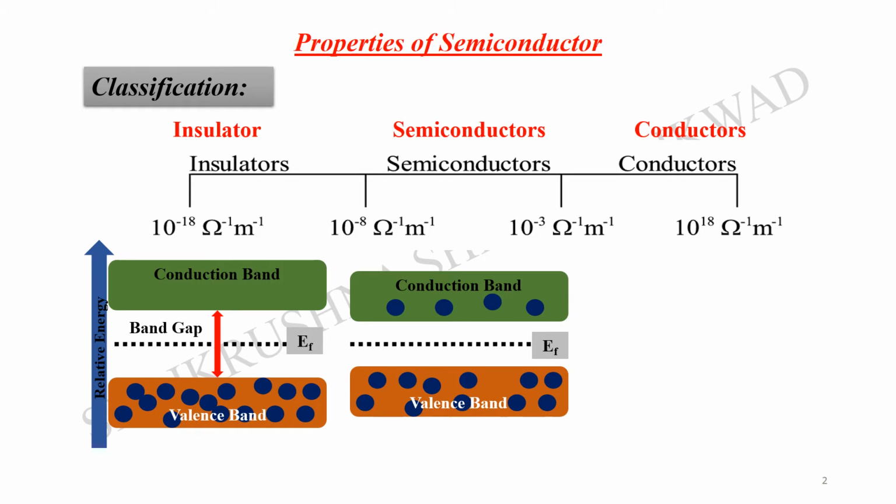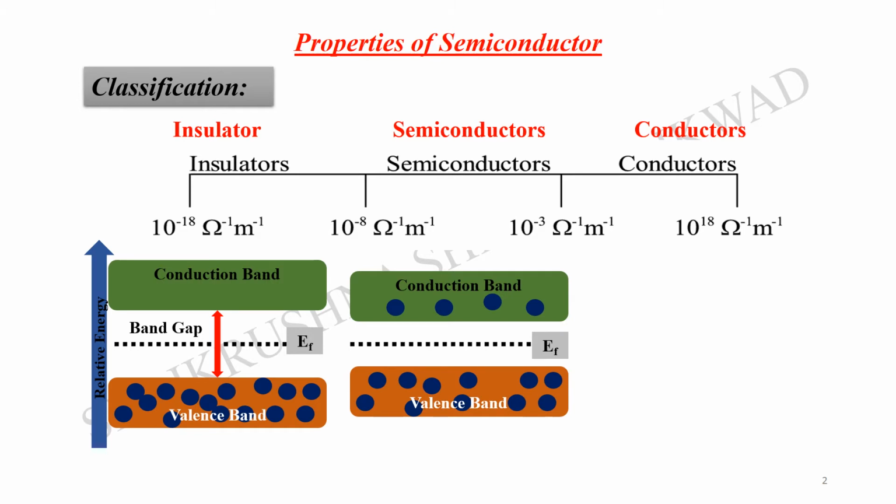So this is how the gap in a semiconductor is small. That's why we can say it's partially conducting and partially insulating. If we don't supply any external energy, then obviously this material acts as an insulator.